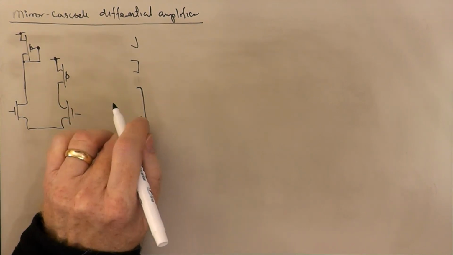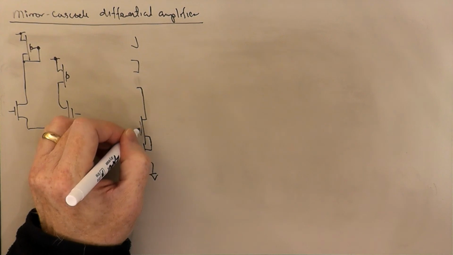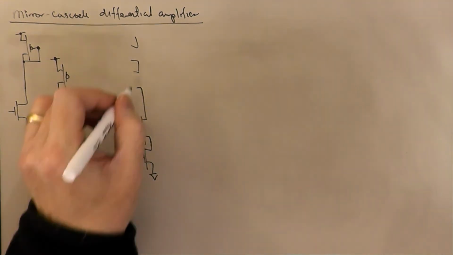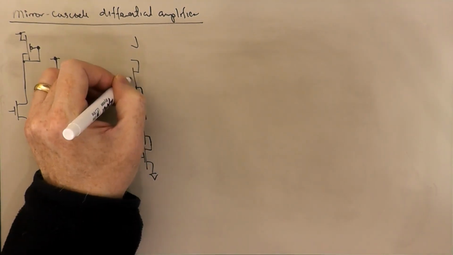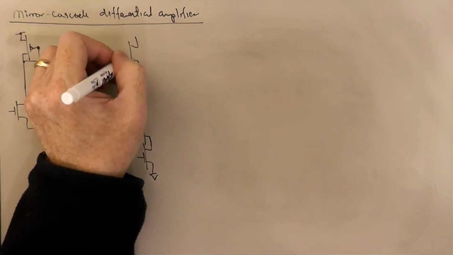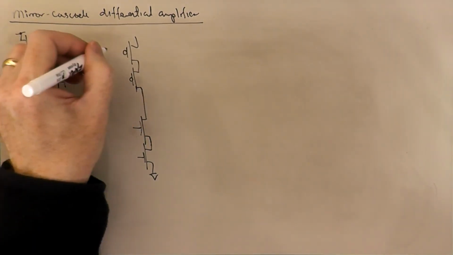So we have here 2 extra transistors in our output branch, one being a PMOS and one being an NMOS.